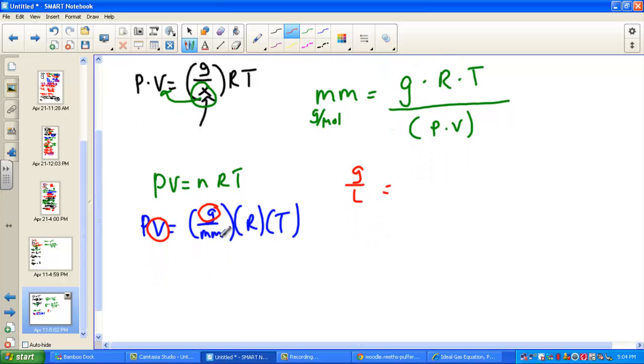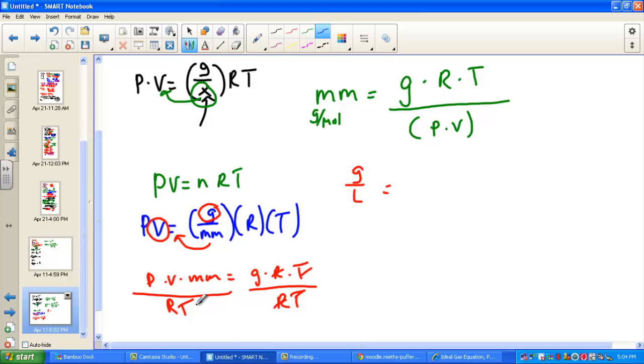Let's bring the molar mass up: P times V times molar mass is equal to g times R times T. We bring the RT over to this side, and divide by the volume, so it comes to this side. See the density? There it is.